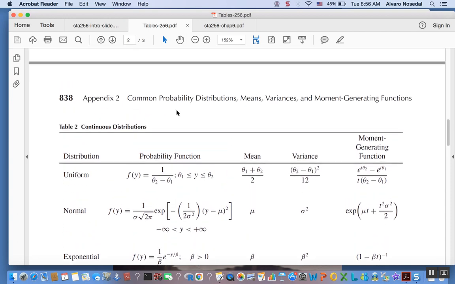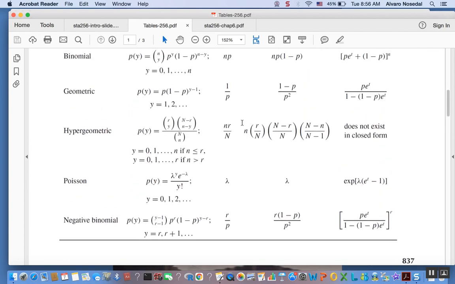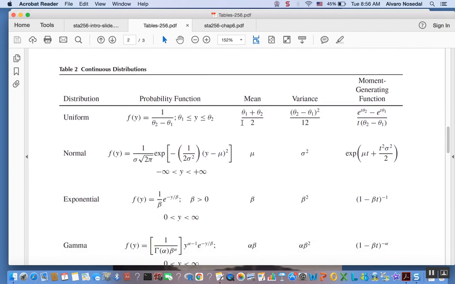There you will find the most common probability distributions, both discrete and continuous. We want a normal with mean 0, so mu equals 0 and sigma is going to be 1. We have a standard normal. So in that case, the PDF will be 1 over the square root of 2 pi e to the negative 1/2 times z squared.